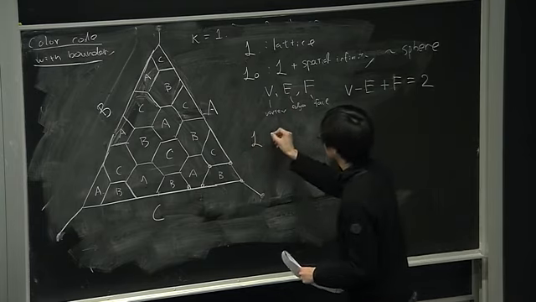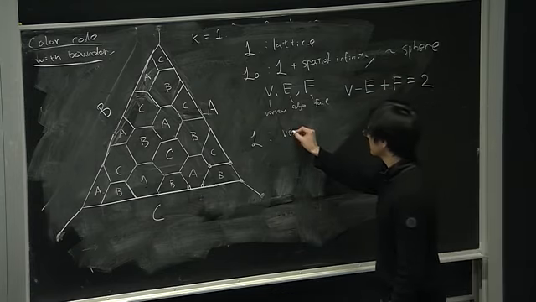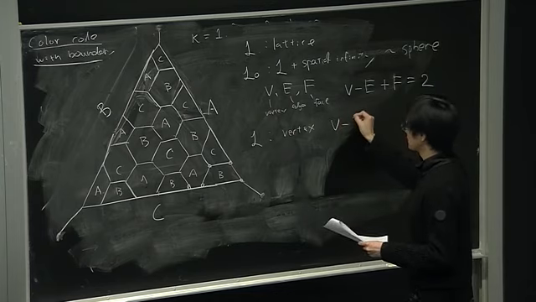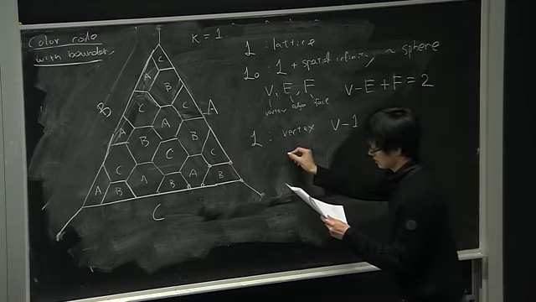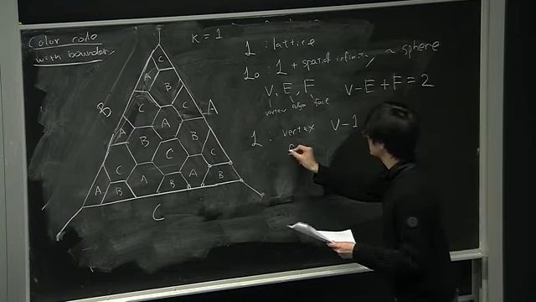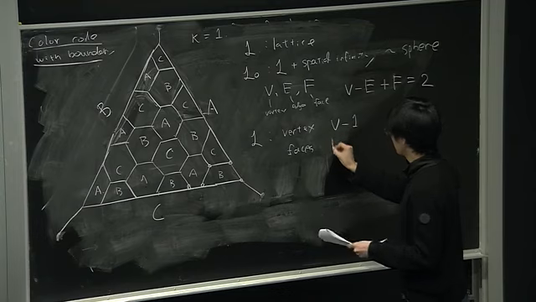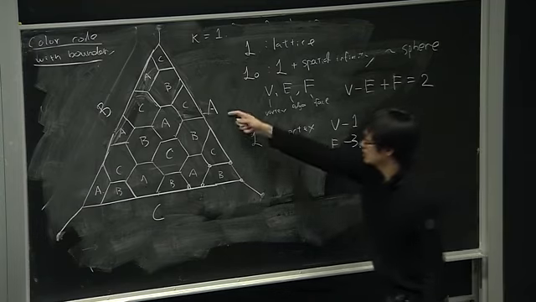So on L, the number of vertices is, of course, v minus 1, because I'm removing spatial infinity. And the number of faces is f minus 3, because I'm removing 3 faces.